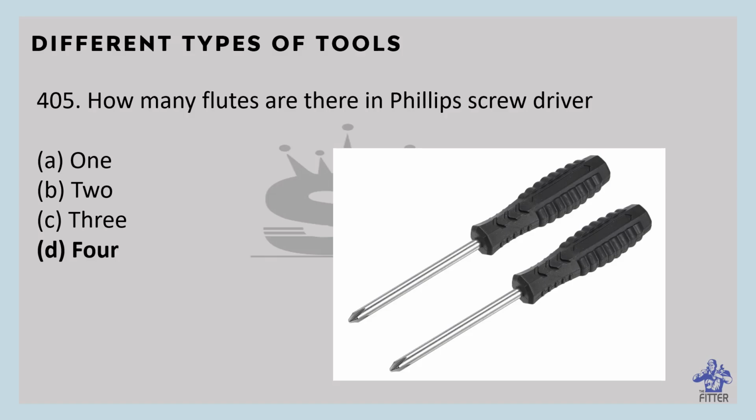It is available in five different sizes from 0 to 4. If you don't use the right size, you can easily strip a Phillips screw, making it difficult to remove.